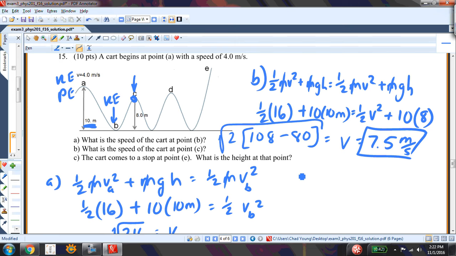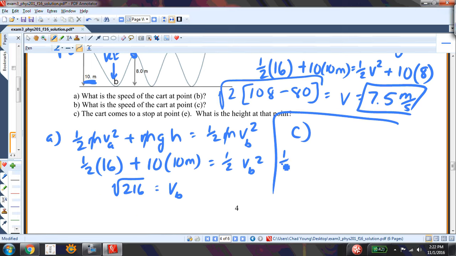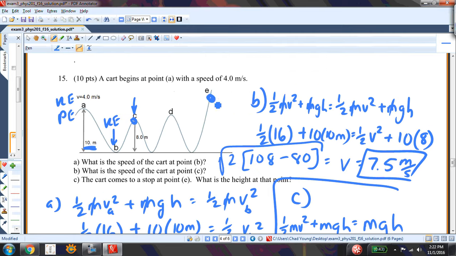And then finally in part C, looks like this. What is the height at this point? So I say the total energy at point A, 1/2 mv squared plus mgh, equals mgh, which is, at this point it only has potential energy.